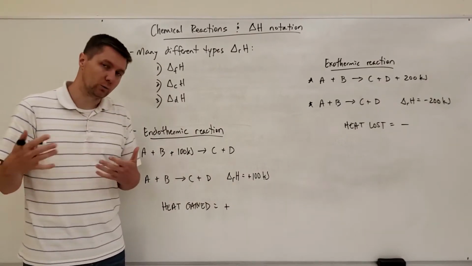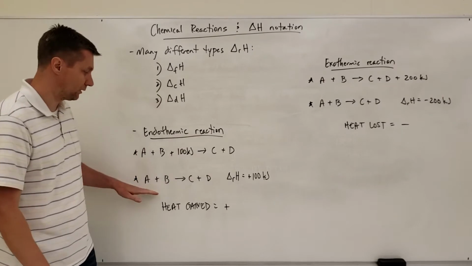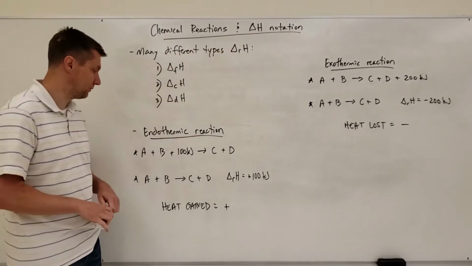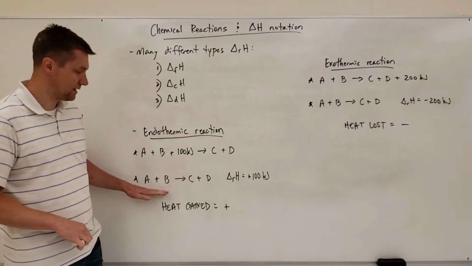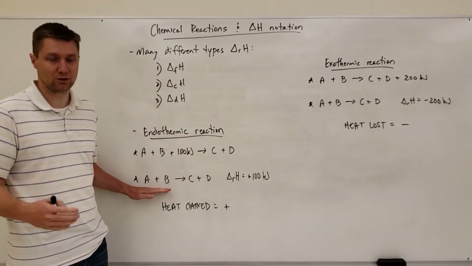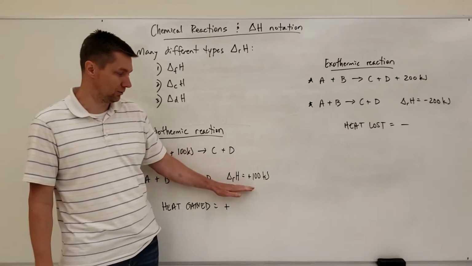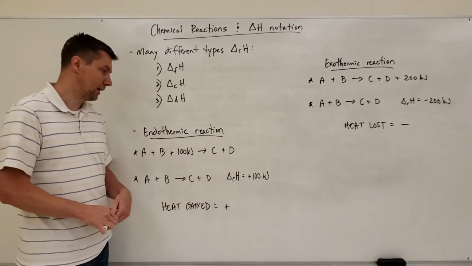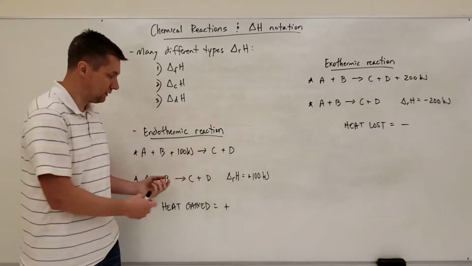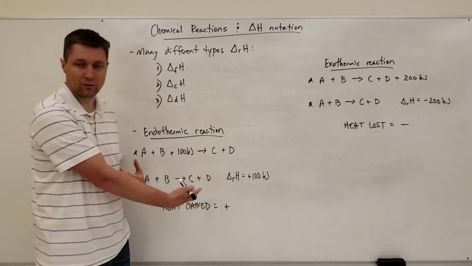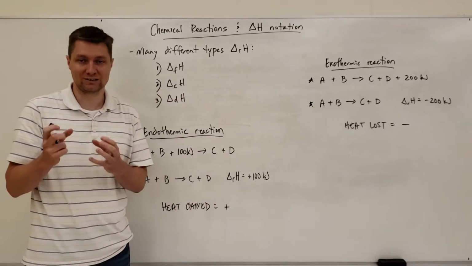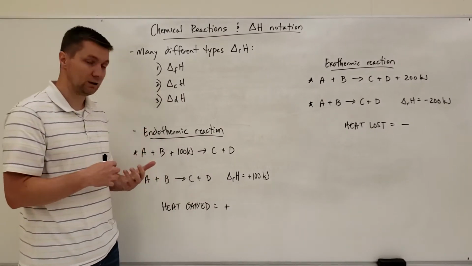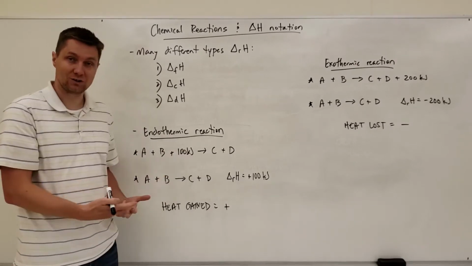Now, a new way that we can write these chemical reactions is in what's called delta H notation. That's what this is referring to up here. This reaction is written in delta H notation, where we have the energy term written outside of the chemical reaction. Because it's not located in the reaction on either the reactant or the product side, we now have to use a sign, either positive or negative, to differentiate which reaction type this is.